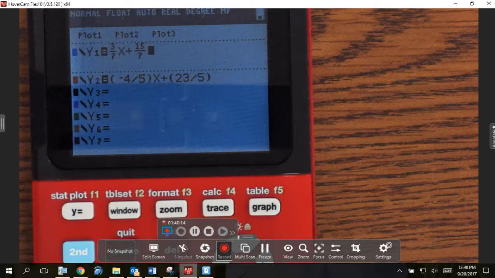On the internet, on Desmos, you can type in anything real fast, but if you like to, on the graphing calculator.